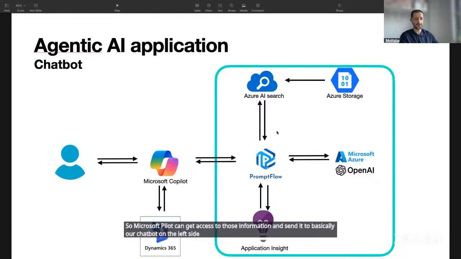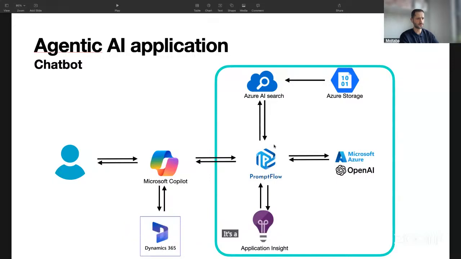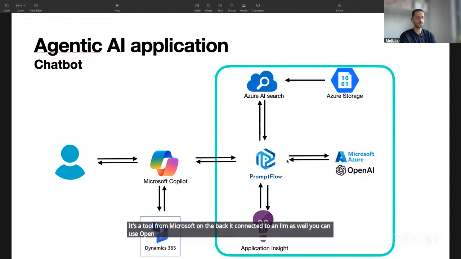On the other side, we have a prompt flow, where our agent structure is. It's a tool from Microsoft. On the back end, it's connected to an LLM. You can use OpenAI on Microsoft Azure as well.